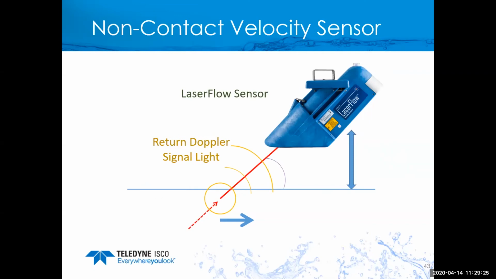What we're looking for is it's going to read the peak velocity below the surface of the water to then calculate the average velocity. While that laser's on, it's on for 2 seconds. It takes 5,000 Doppler readings to come up with its velocity reading, and it's capable of reading up to 15 different points below the water surface.